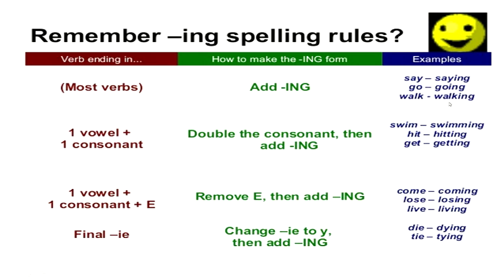Okay? But when we have one vowel, one consonant combination like swim, there is vowel I and consonant M. Hit, there is vowel I and consonant T. Get, the vowel is E, consonant is T. In such verbs, we double the consonant, then add ing.